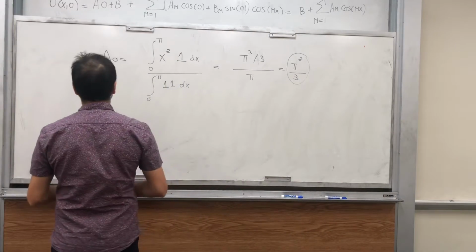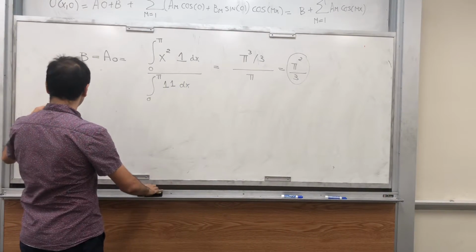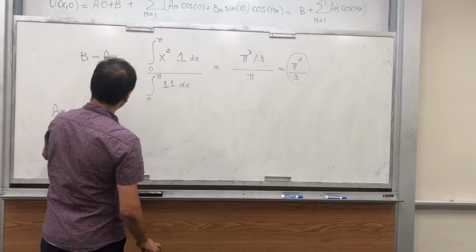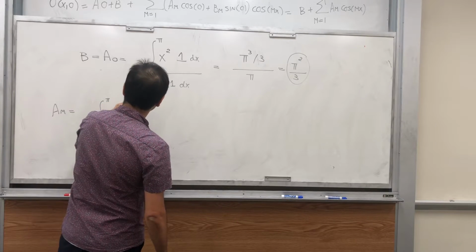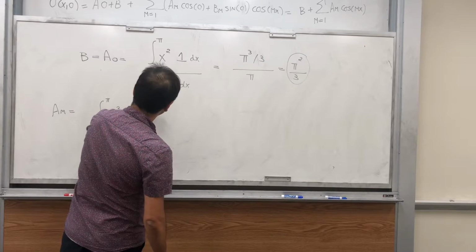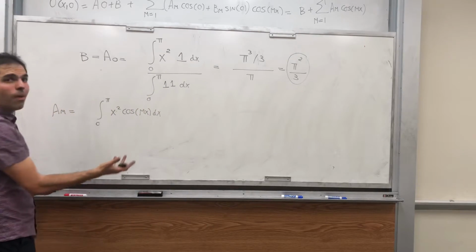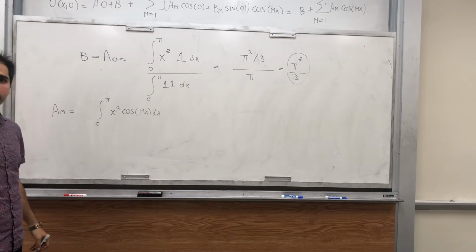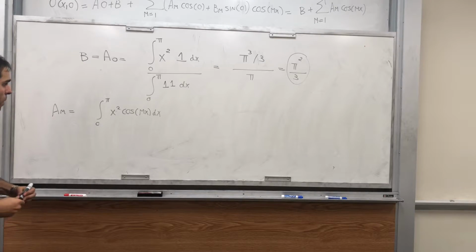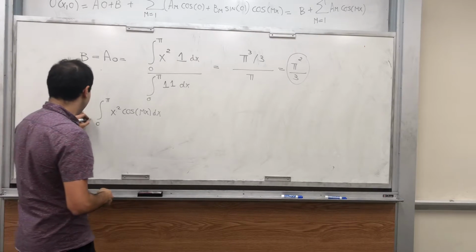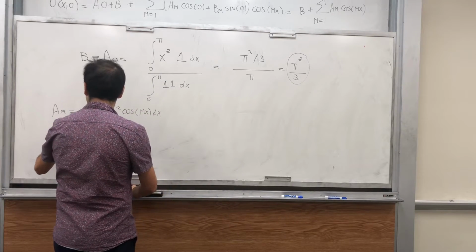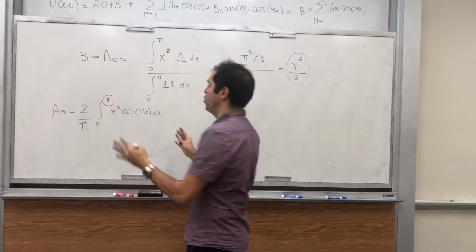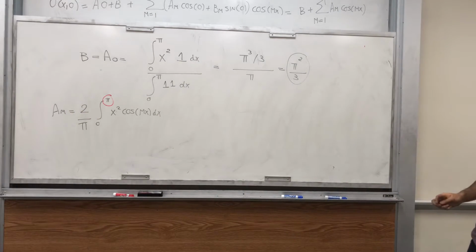But for the other one, slightly different. So a_m now becomes the integral from 0 to pi of x squared cosine of mx dx divided by the integral of cosine squared mx. But that integral, essentially what it becomes, you just repeat this number here, pi, and you multiply it by 2, because you're talking about the half interval from 0 to pi.